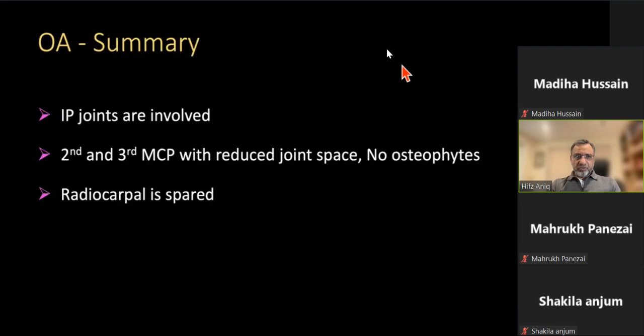So the summary: the IP and MCP joints are involved, with reduced joint space but no osteophytosis. The radiocarpal joint is preserved.